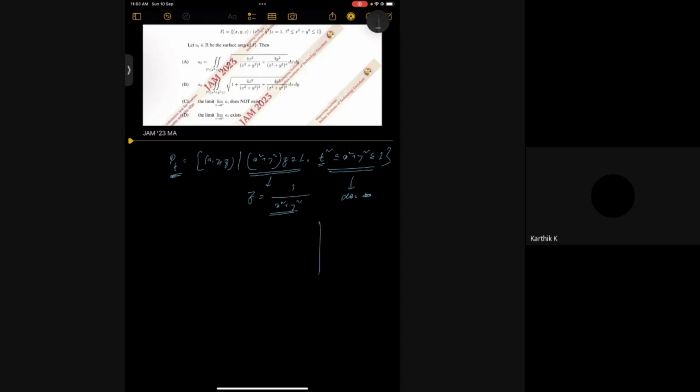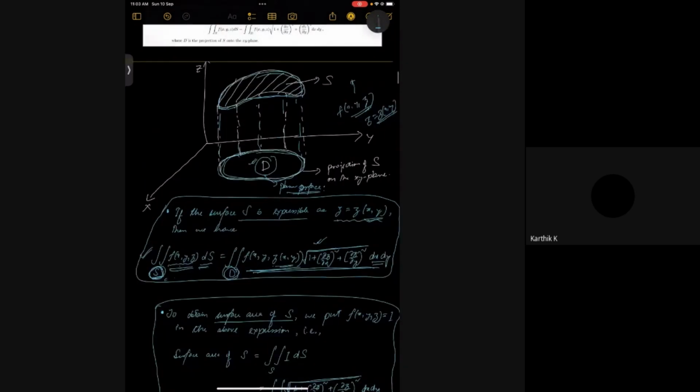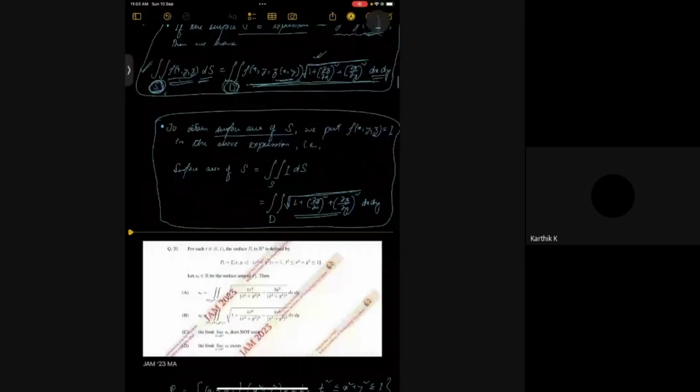So it's something like this. This is t, and this whole thing is 1. So we are considering this region. This is the D we have, by D I mean the projection of the surface S on the xy plane.